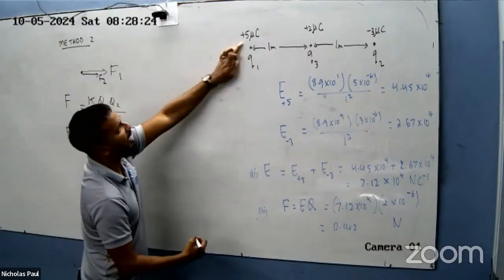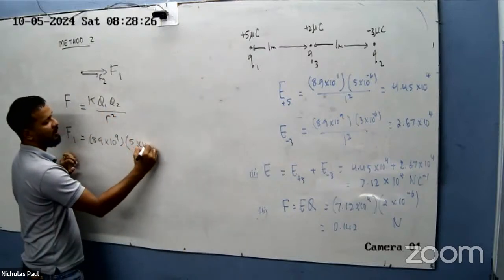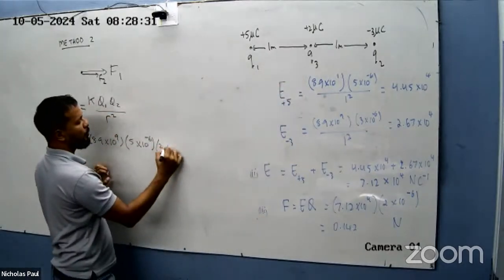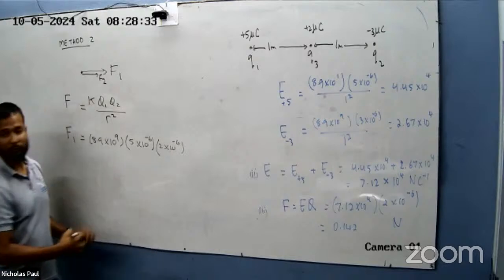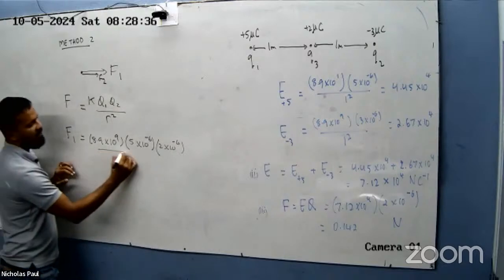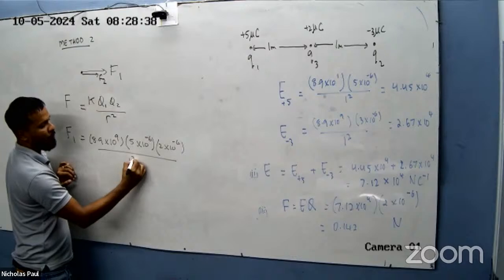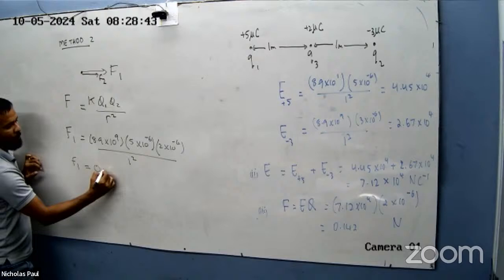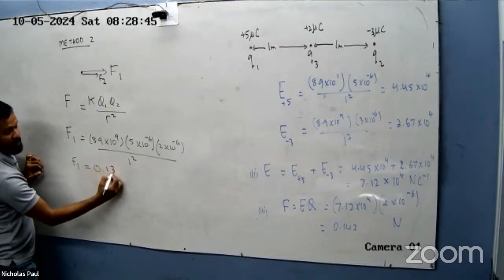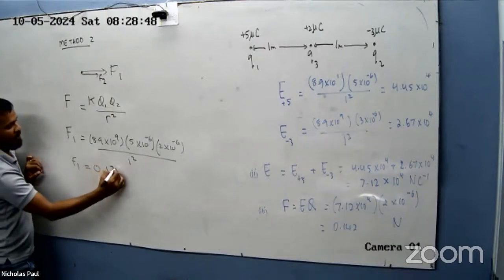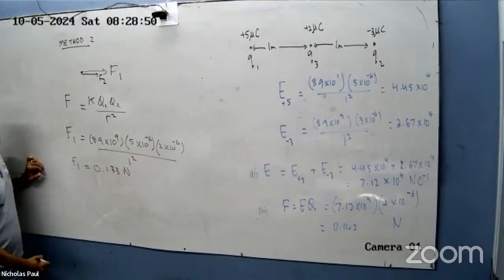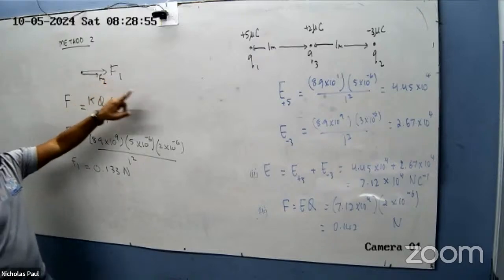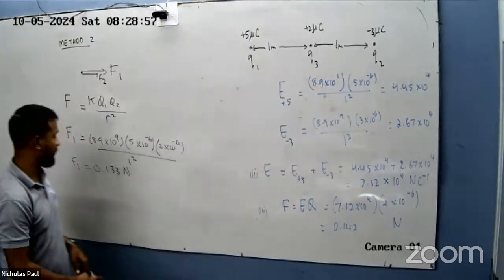Q1 is 5 microcoulombs and Q2 is 2 microcoulombs, divided by their separation, which is 1 squared. How much is that? 0.13. But that is F1 alone. Now I have to find the force due to the next one.